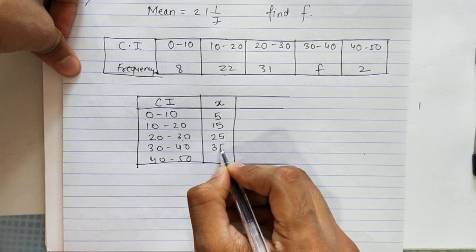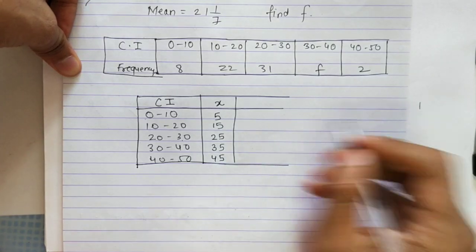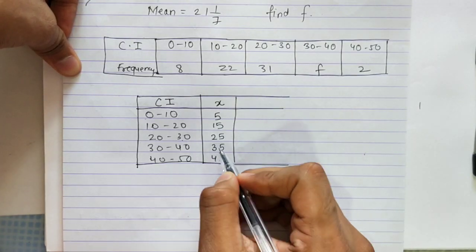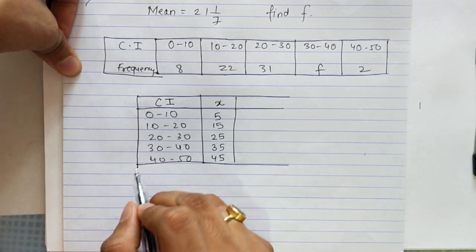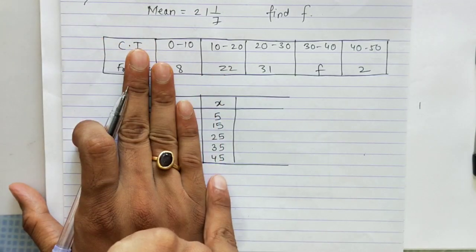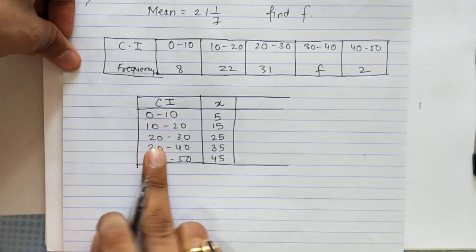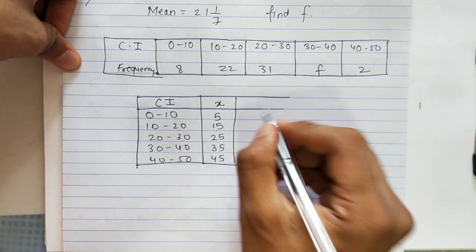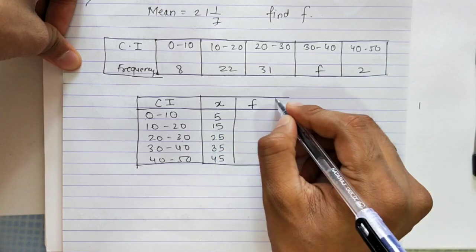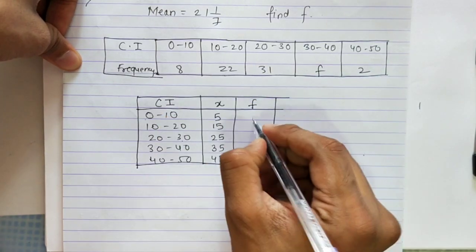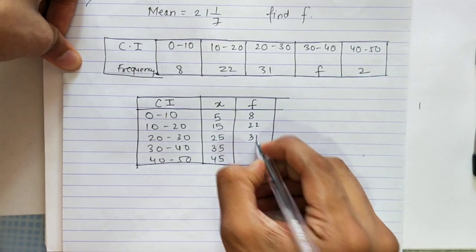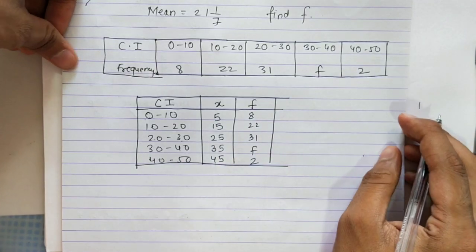Then directly 35, 45. This is the only difference between exercise A and exercise B. In exercise A, this was directly given in the question. In exercise B, they give you the range and then we find this. Next is frequency, which is given as 8, 22, 31, f and 2.